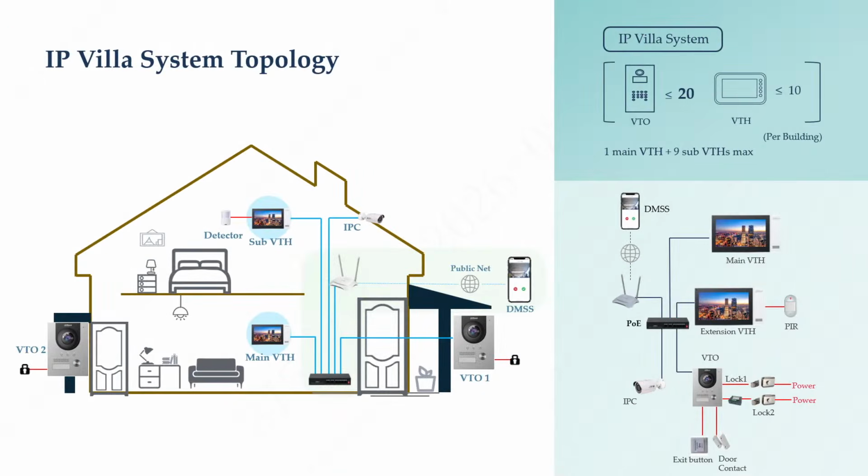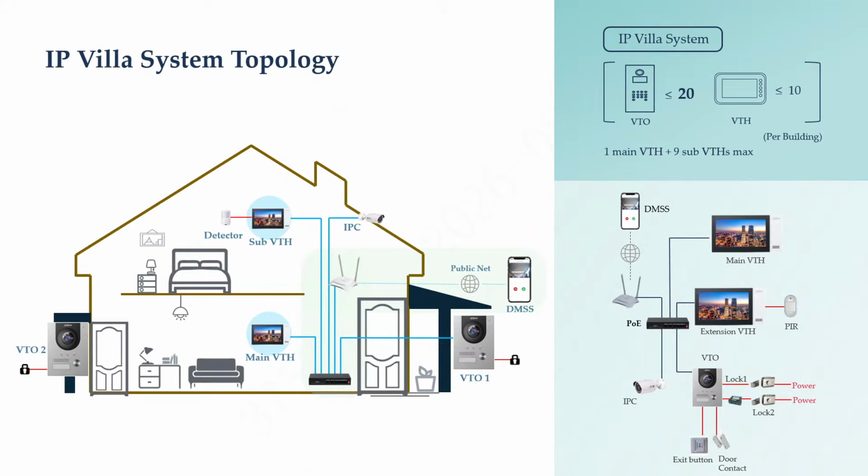Okay. If you're talking about the IP solution, we also need to mention the Villa scenario, because the Villa scenario is obviously quite important. In Villa scenarios, we're using VTHs and VTOs. The main difference between apartment and Villa scenarios is the VTO itself.